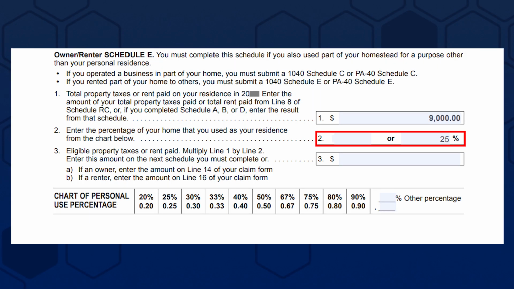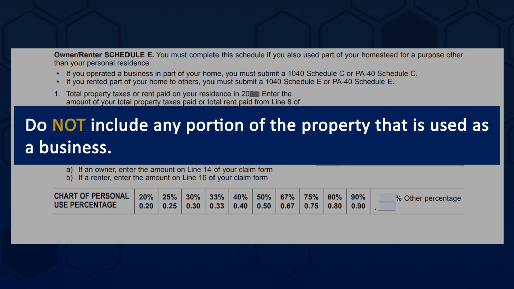On line 2, enter the percentage of the home used as personal living quarters, including those used by other household members. You may enter the decimal equivalent or a percentage. Do not include any portion of the property that is used as a business.